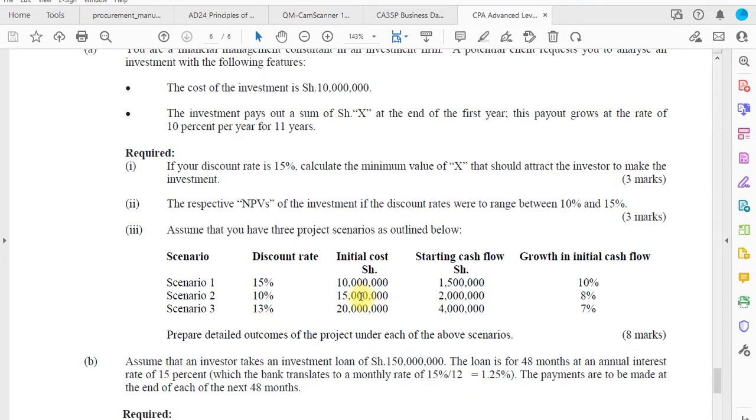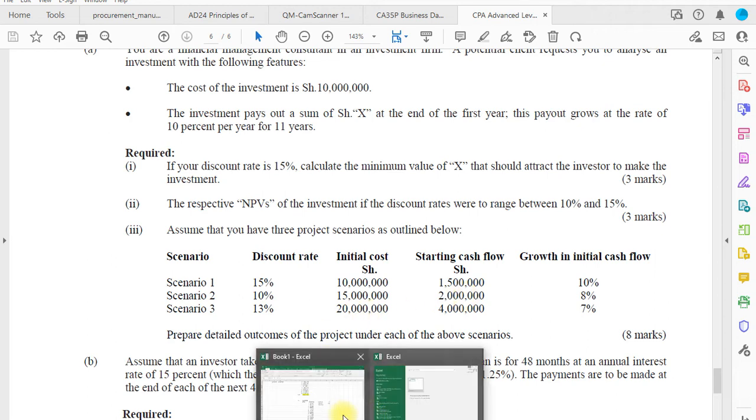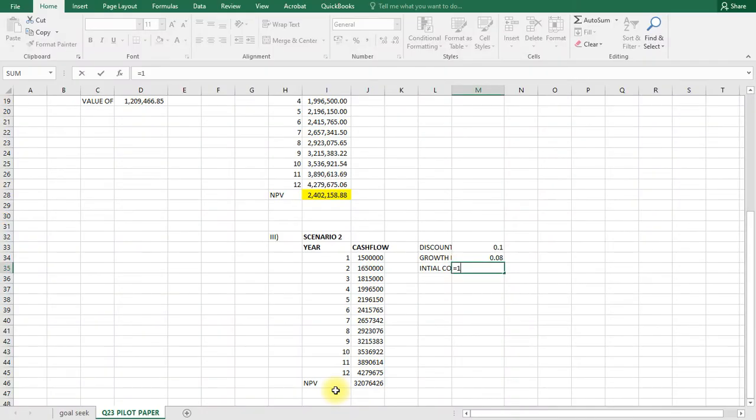Yeah, initial cost of 15 million, with the starting cash flow of 2 million, starting with 2 million that way.